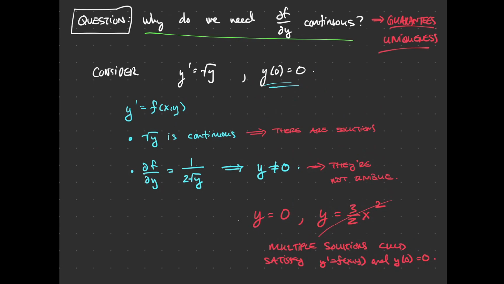That's why we need to be able to show that it's continuous. If you dodge the domain issue because you're on a curve where that's not a problem, then it's okay. But remember, a solution curve needs to be continuous. It can't have any breaks in it, as our definition.